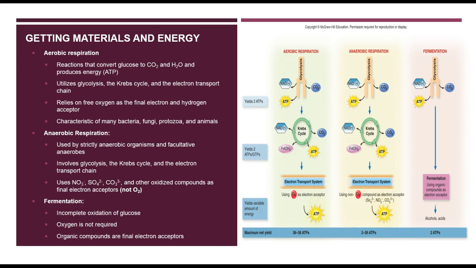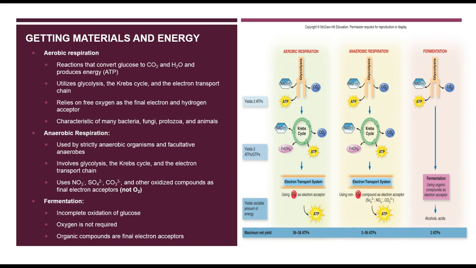Instead, anaerobic respiration is going to use other oxidized compounds as that final electron acceptor. So some will use nitrate, some will use carbonate, and some will use sulfates. So instead of oxygen, we're using a different electron acceptor at the end.